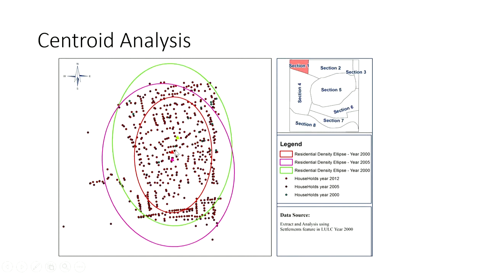In another case, it has moved in one direction, and then in the third time period it has come back. What it indicates is that there was an influence, a slight pull of the event in a particular direction for a short period of time, and then it has come back.